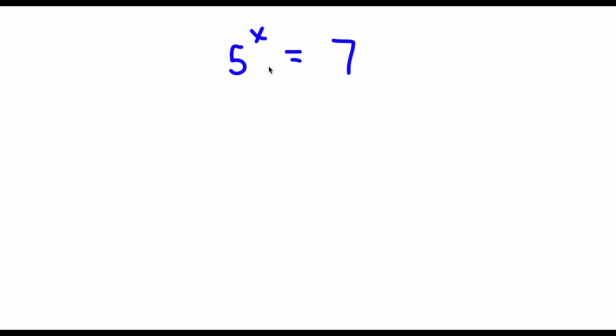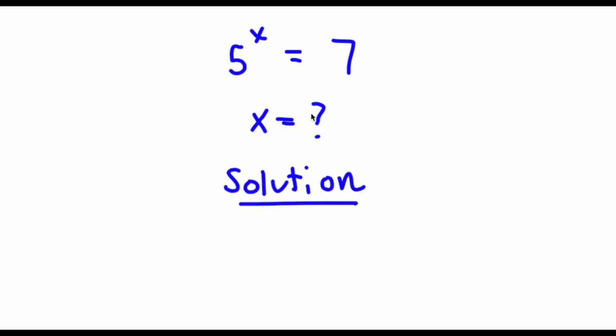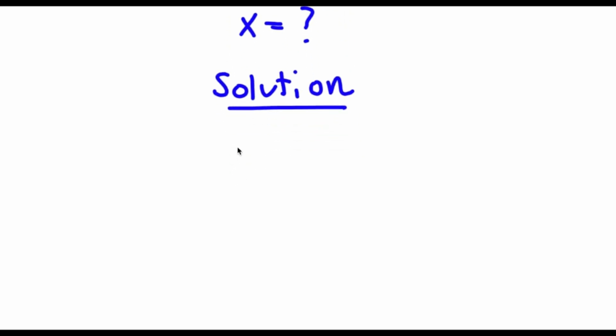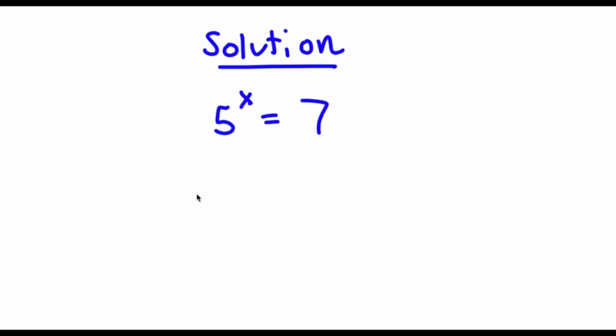Alright, so I have 5 to the power of x is equal to 7. Now I want to find the value of x. So for my solution, first start with 5 to the power of x is equal to 7. Now I'm going to take the log on both sides.